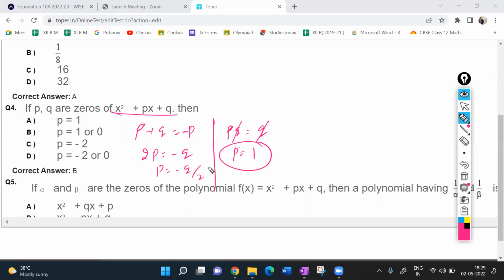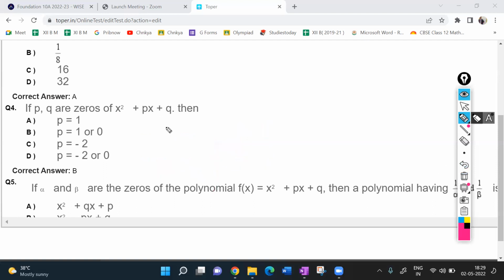No, sorry, here P plus Q is minus b by a, PQ is Q. So what I need to find out is the P value. How can I find out the P value here? P plus Q is equal to 0. So 2 times P plus Q is equal to 0.